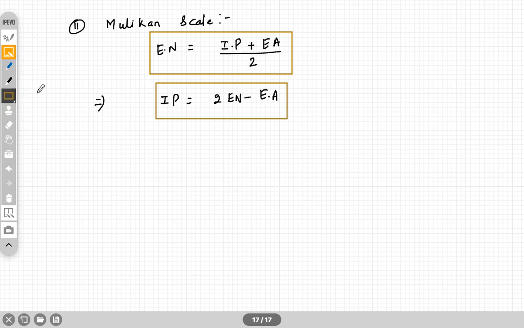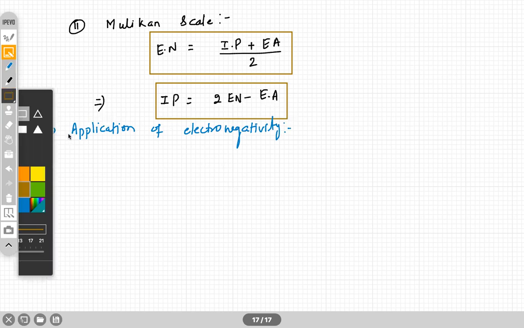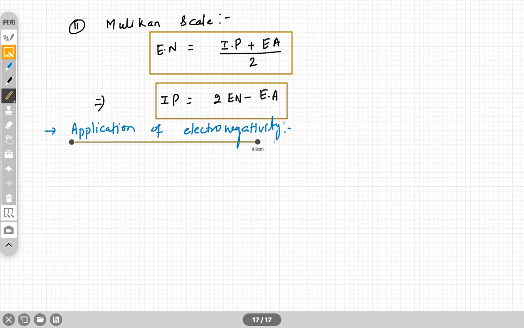Application of electronegativity. The first one is naming of compounds.